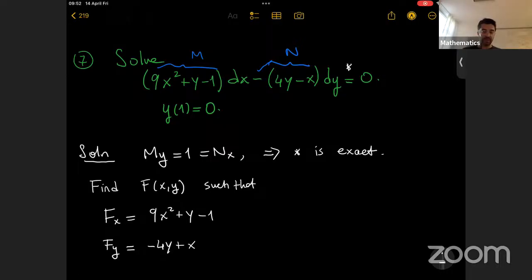You can start with either. Sometimes one is easier than the other one to integrate.